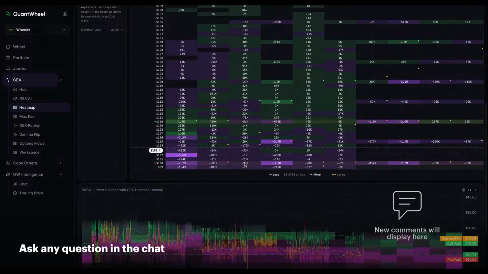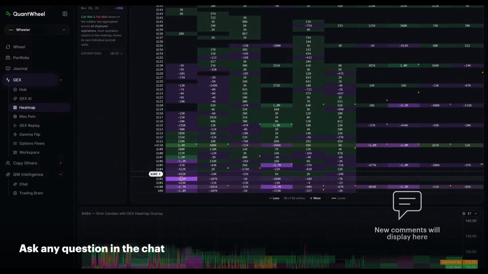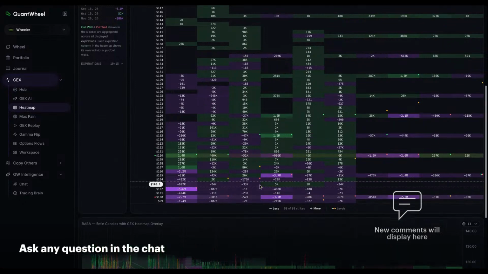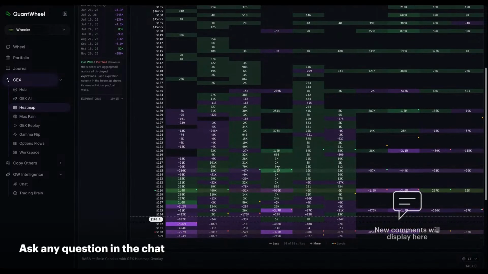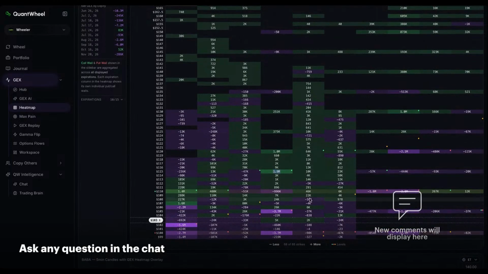So most of the positioning is happening right around this level, 102, 100. There's huge positioning and huge positions weeks in advance up to September on the 100 level, and just climbing up with a huge call position around 115.